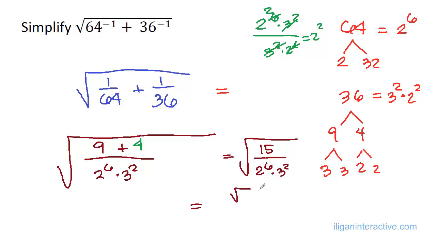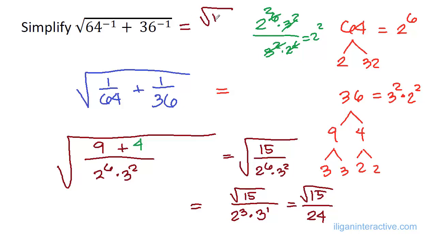So this will be square root of 15 over 2 cubed, which is 8, times 3, which is 24. So this whole thing is equivalent to square root of 15 over 24.